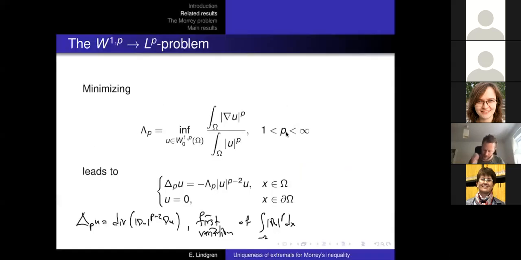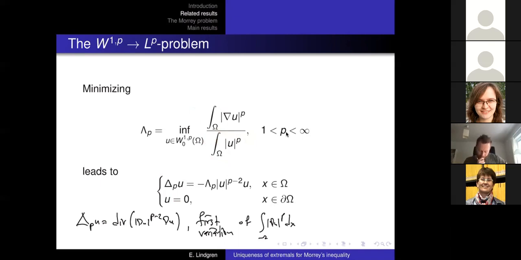So this is a nonlinear counterpart to the Dirichlet principle for harmonic functions, that harmonic functions minimize the functional consisting of the integral of the gradient squared. If you instead look at the integral of the gradient to the p and look for minimizers of that, you simply get functions satisfying that this operator, the p-Laplacian, is equal to 0. So it's not so hard to believe that if you have this involving this, you will get something where this operator pops out when taking the derivative.